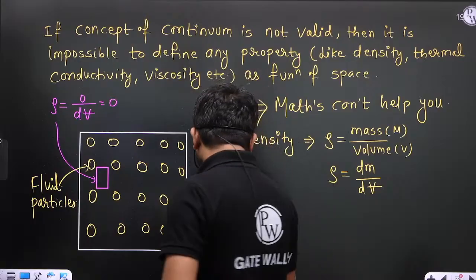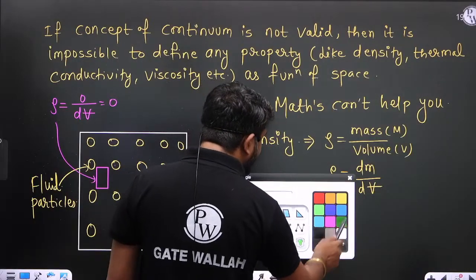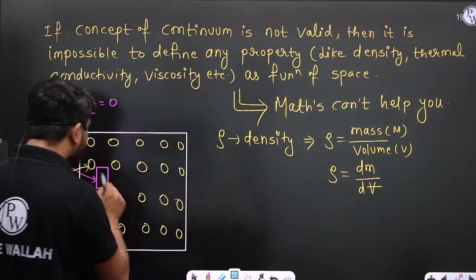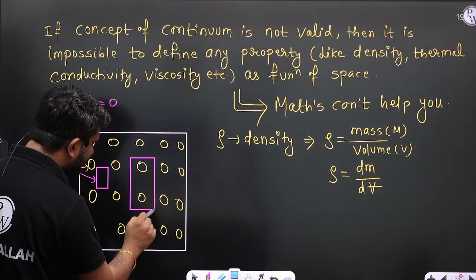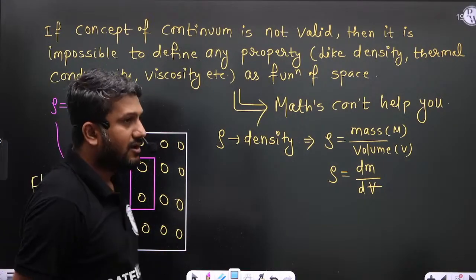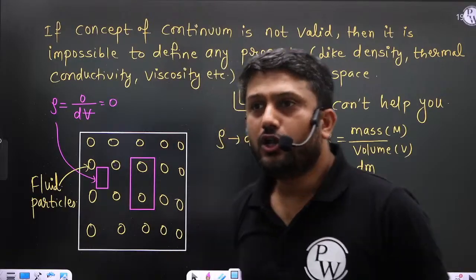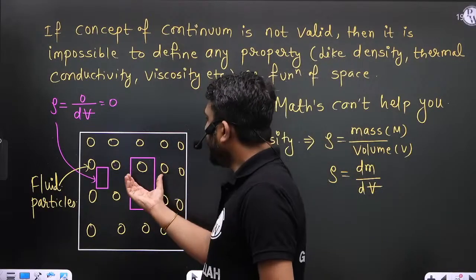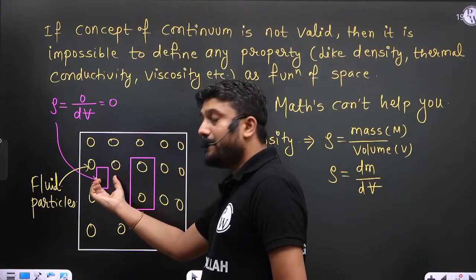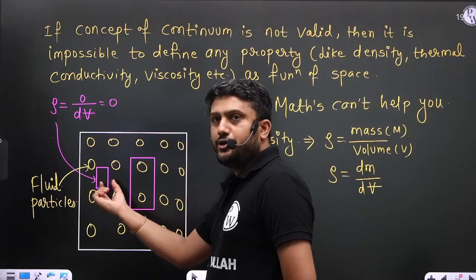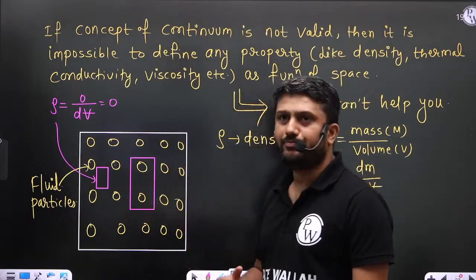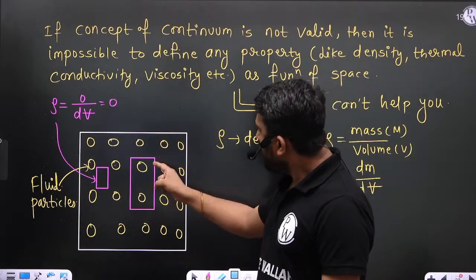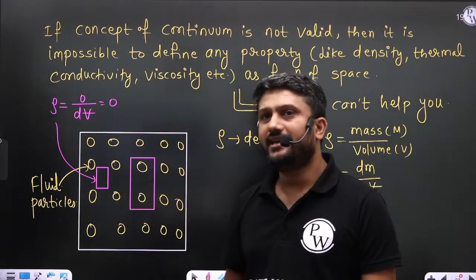Now see, if I am enlarging this elemental volume, let us consider this is the volume. Earlier my elemental volume was this much. Now I'm enlarging it, and now this is the elemental volume. Now it is possible to define the density here.